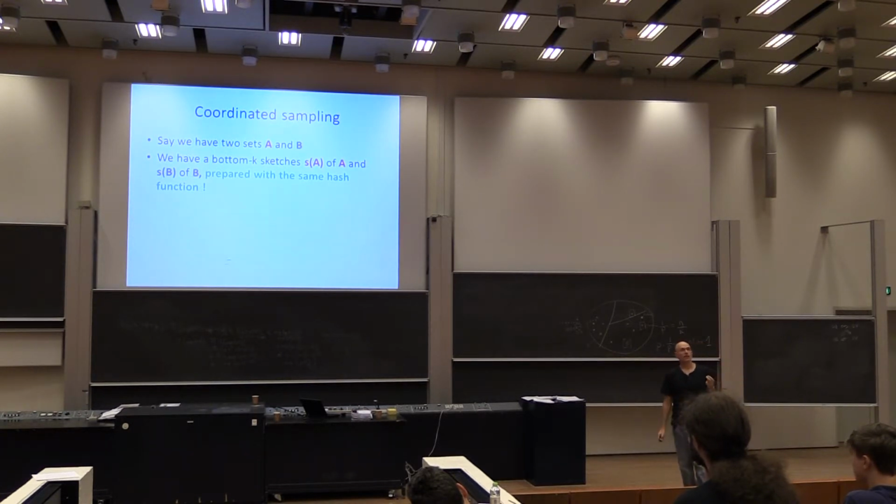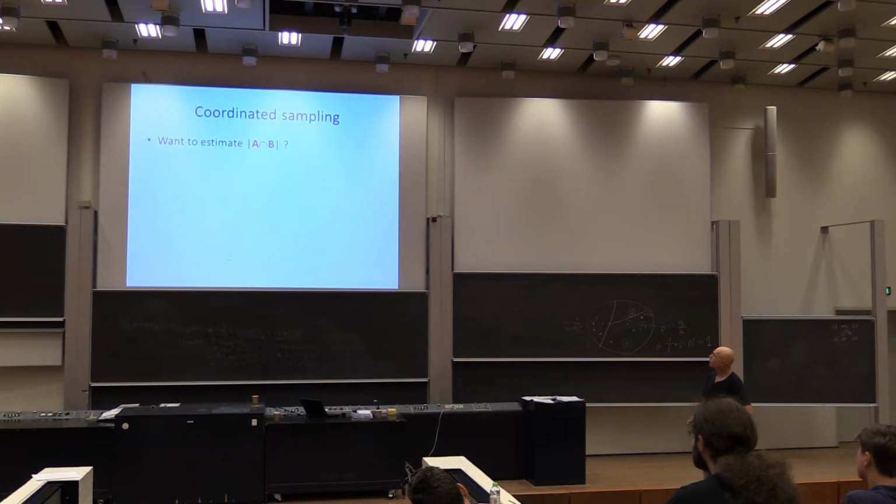An element which was sampled by router A is also likely to be sampled by router B. What does it mean that router A sampled the guy? It means that the hash value of the guy is small, and then router B is also more likely to sample it. Common items are likely to be sampled by both of them with higher probability than if I would have used different hash functions. Okay? So this gives me an advantage.